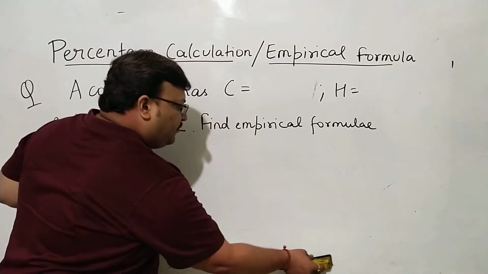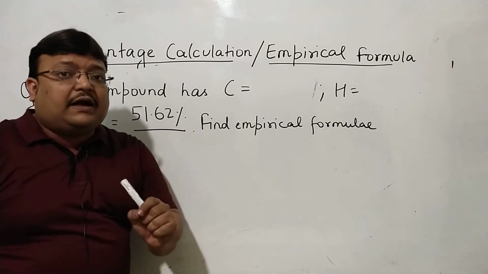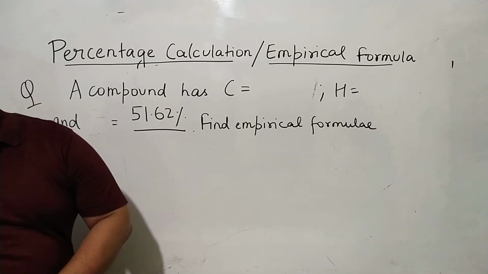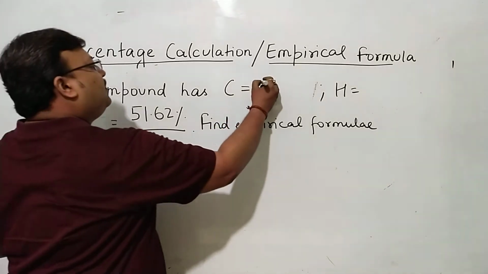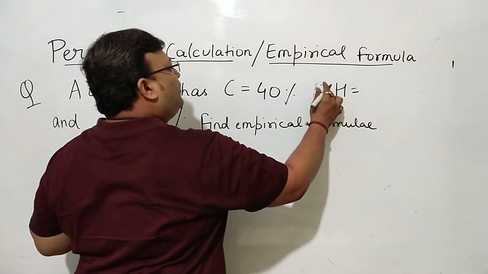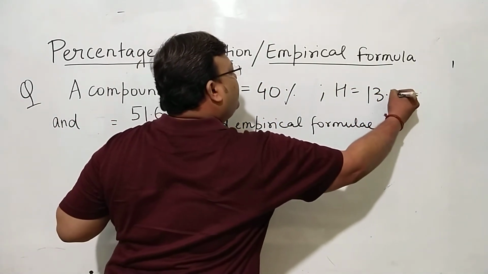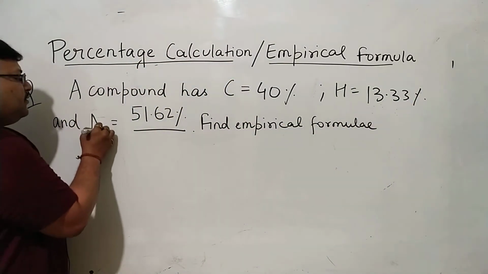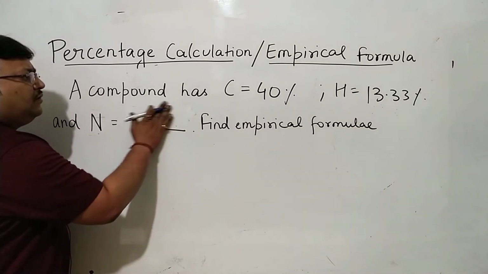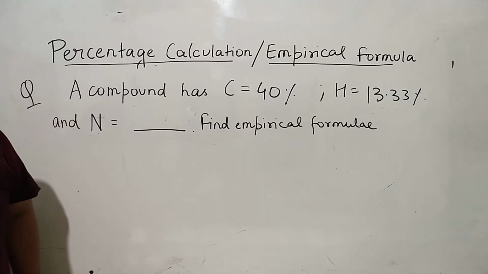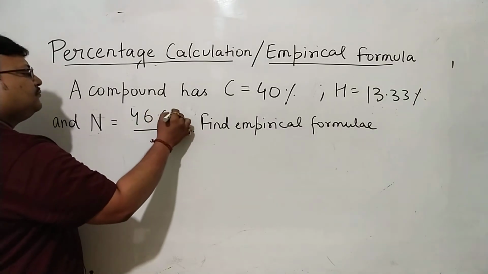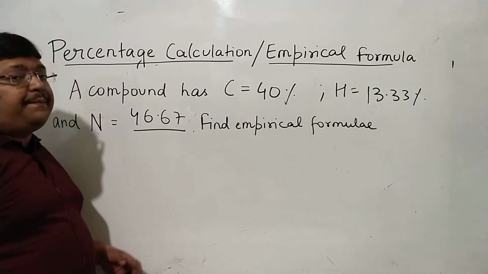The real problem, which again happens to be a real medical entrance exam, all India entrance question, the data is carbon 40%, hydrogen 13.33%, and nitrogen 46.67%. You have to find the empirical formula.